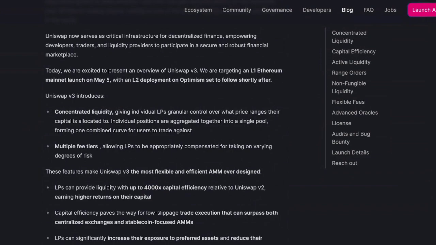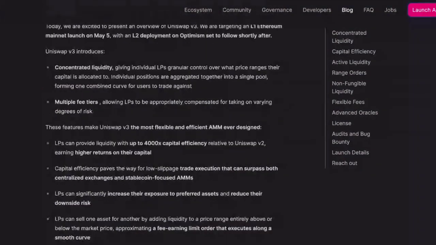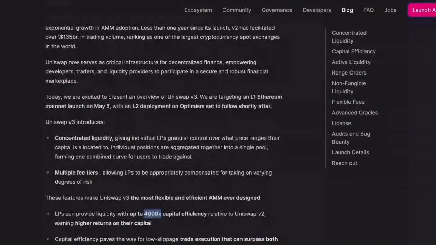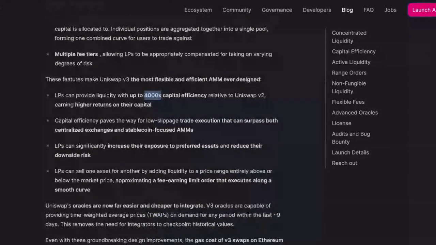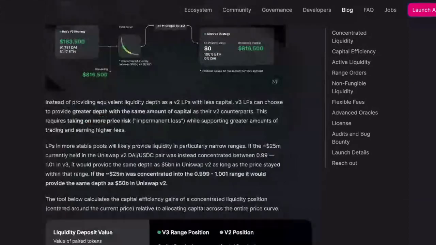And so you can concentrate your liquidity on like $1.0001 to 0.999 in that very concentrated price range or exchange rate range. And that's really where you get the 4,000x capital efficiency. But yeah, very cool graphics.